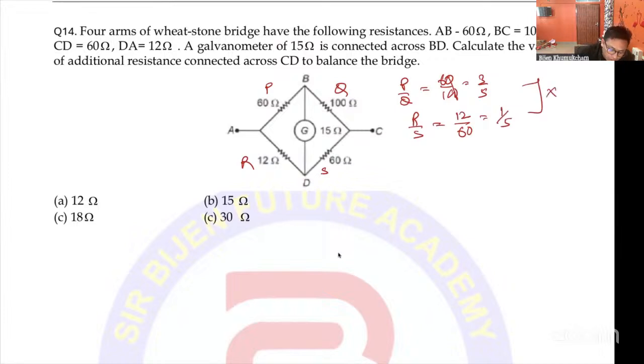Further in the question, they say to calculate the value of additional resistance connected across CD. Across CD, how much resistance you must connect in parallel. So they are asking to find the resistance connected in parallel to balance the bridge.